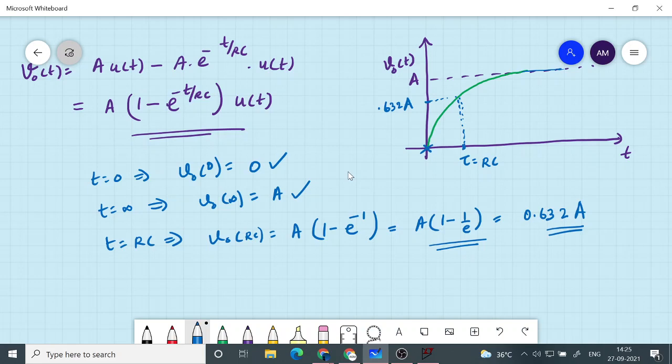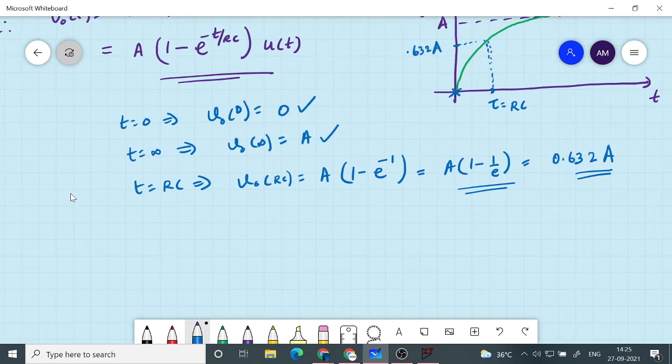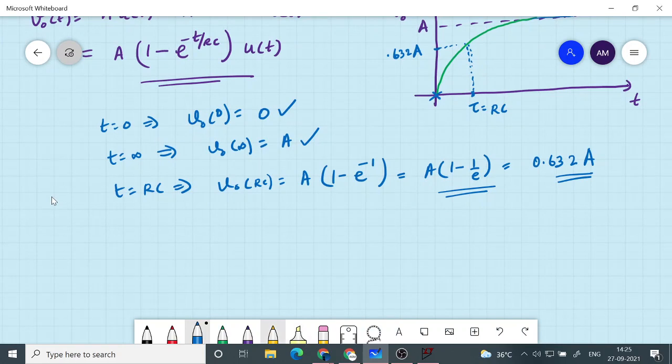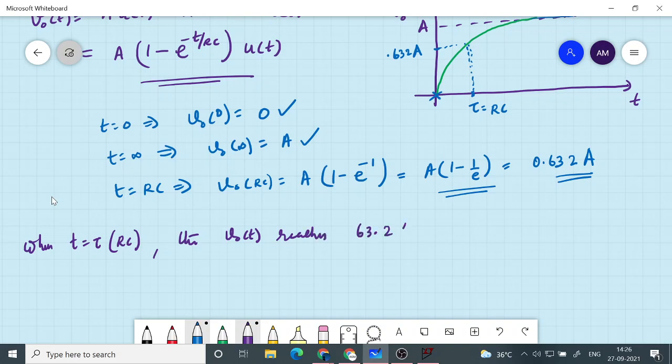So the definition of time constant comes out of this. When t is equal to tau, in this case it is RC for a resistor capacitor circuit, the V out reaches 63.2% of the final value. What is the final value?